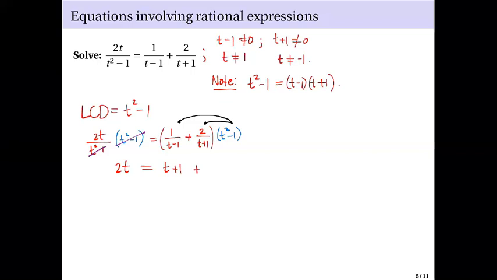Plus, you have the 2 here. Then again, we distribute this to this part. This time, the t plus 1 will be cancelled. So we will only have t minus 1 for this part.